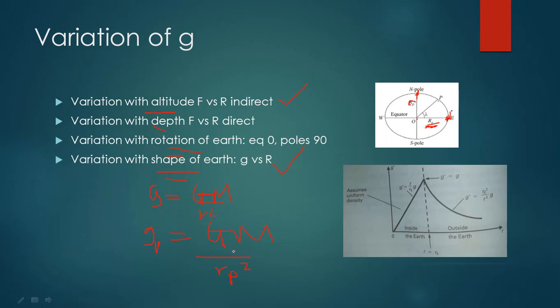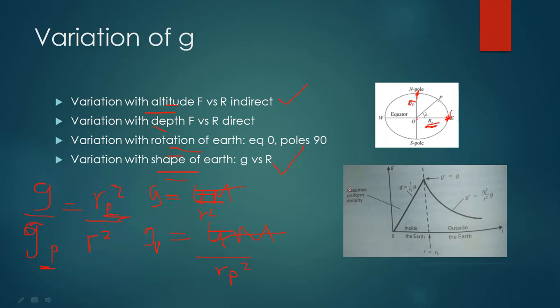So basically it won't change anything. So g dash over g ya kwenye pole, if we divide them, G cancel, so kutakuwa na RP squared huku na RE squared huku. So we shall see kwamba gravitation as shape of the earth itakuwa inavary inverse proportional na exponential wise, just like the way ilivyokuwa kwenye altitude.